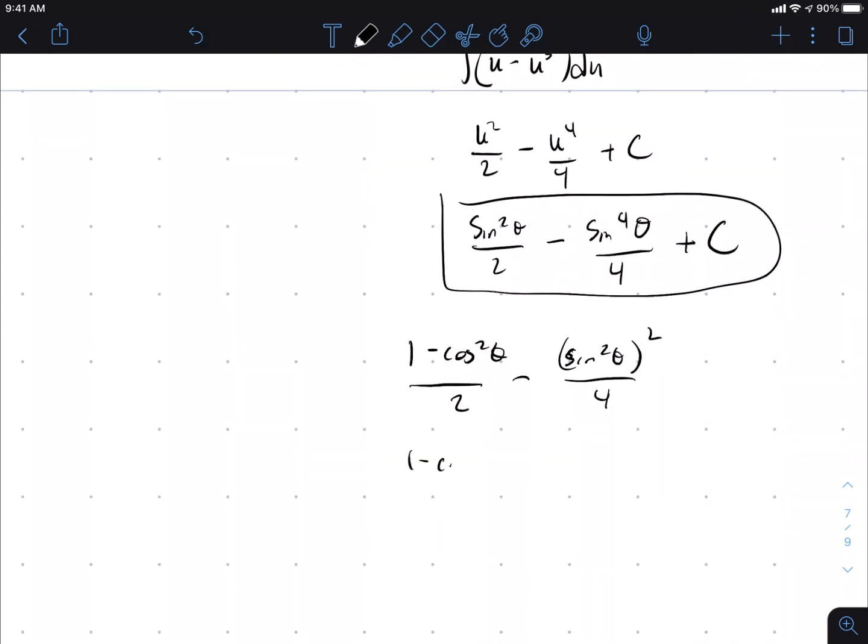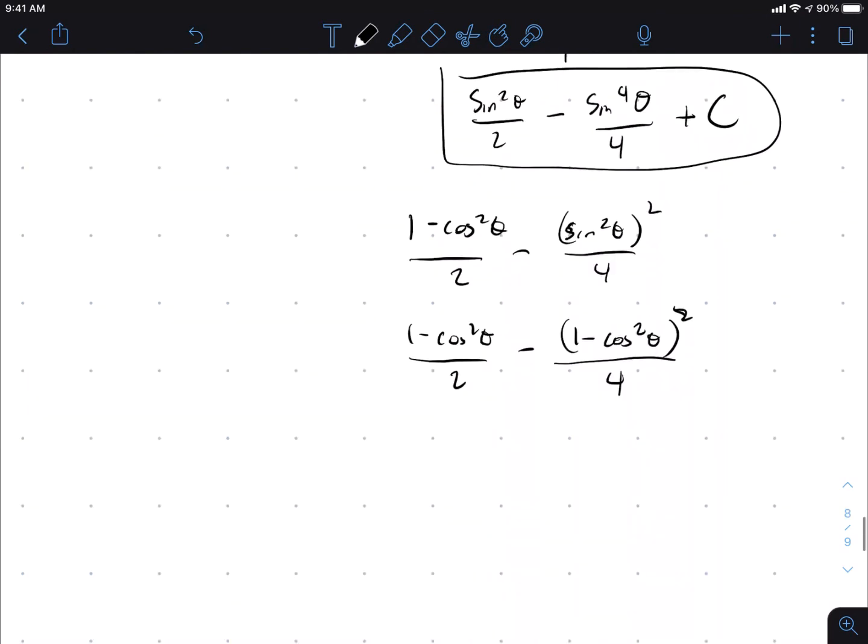So that's going to be 1 minus cosine squared theta over 2 minus 1 minus 2 cosine squared theta plus cosine to the 4th theta over 4. Agreed?